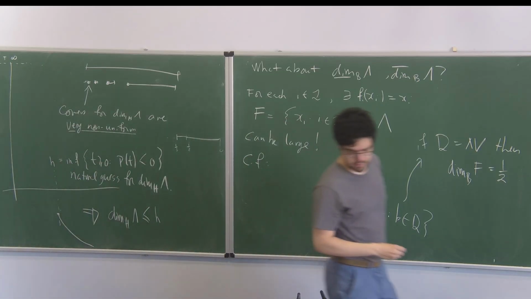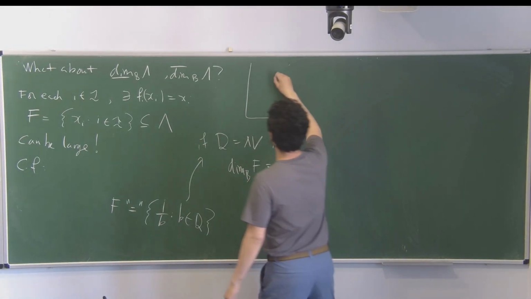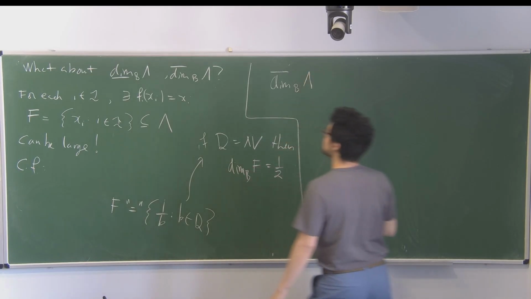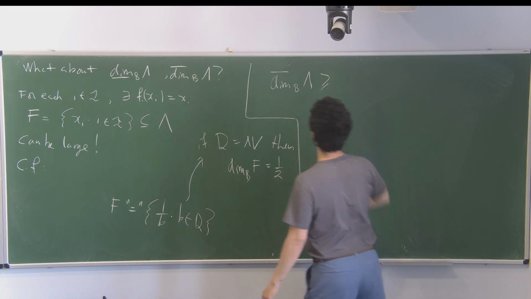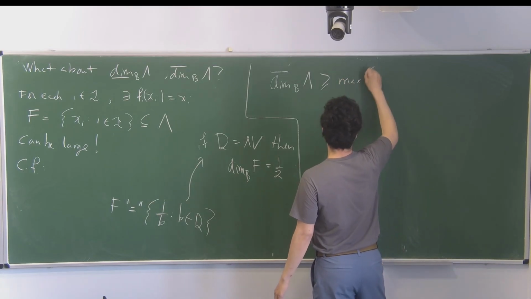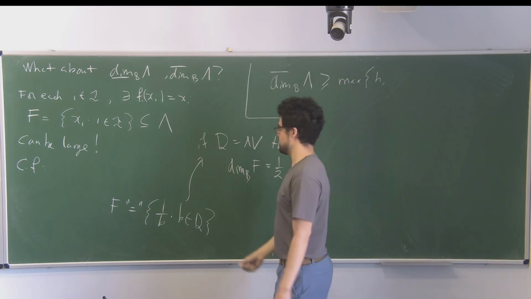So in particular, what do we know? The upper box dimension of lambda is of course at least the Hausdorff dimension, because there are more restrictions on the covers.